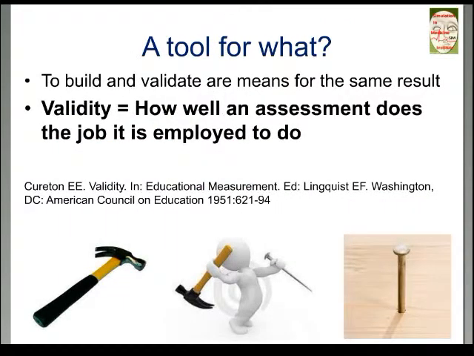So tools are needed, but for what purposes? To assess not only results of actions, but also processes. Validity will include building a validation of the evaluation tool, how well the designed tool does the job.